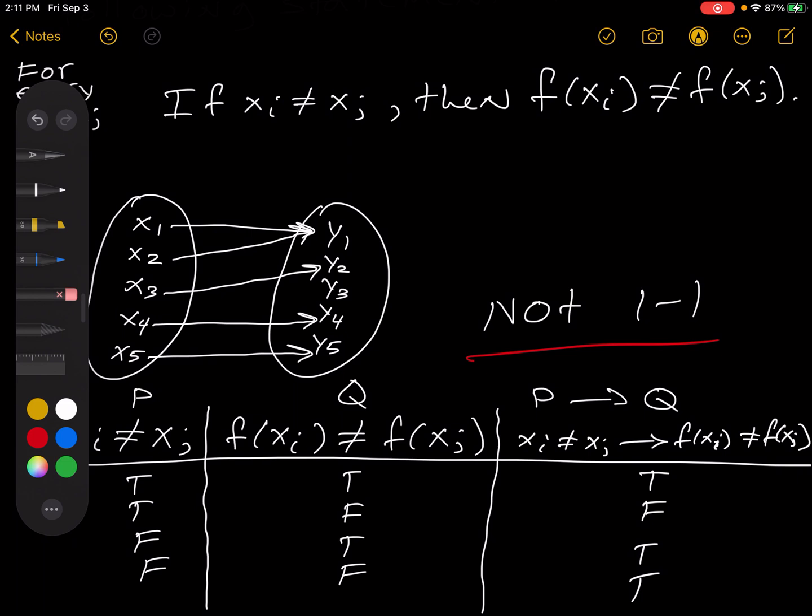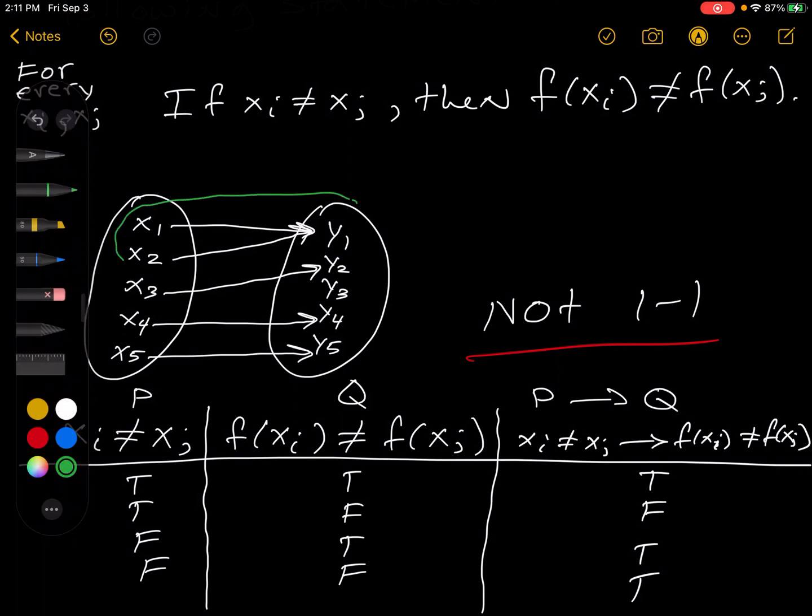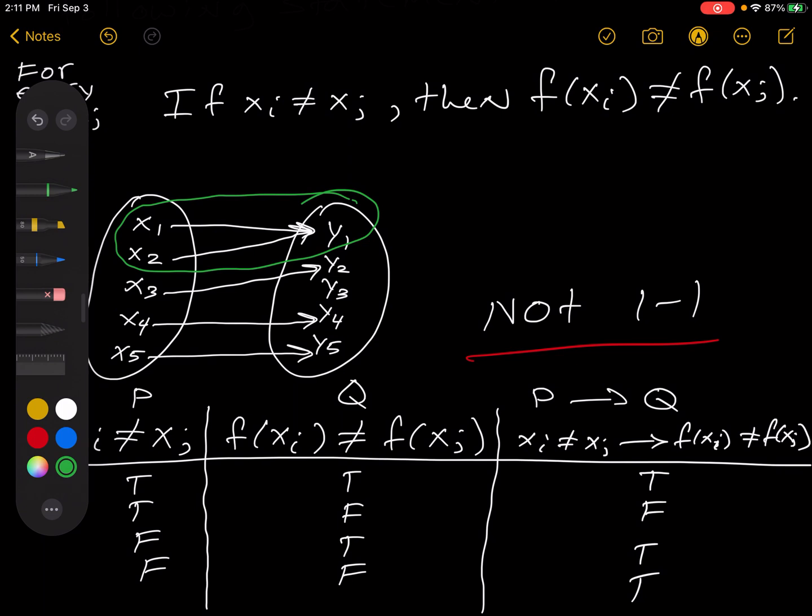Now our function here fails to be one-to-one in only one spot. It fails to be one-to-one right there. Now let's see why. Okay, so it fails to be one-to-one for x1 and x2.